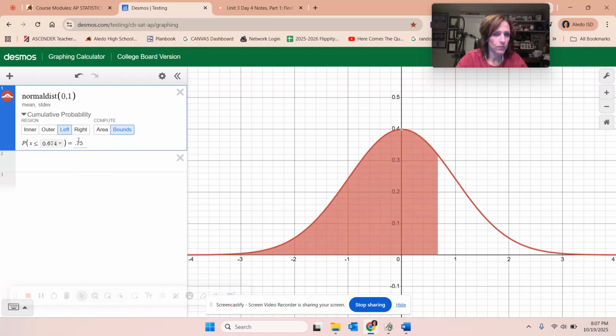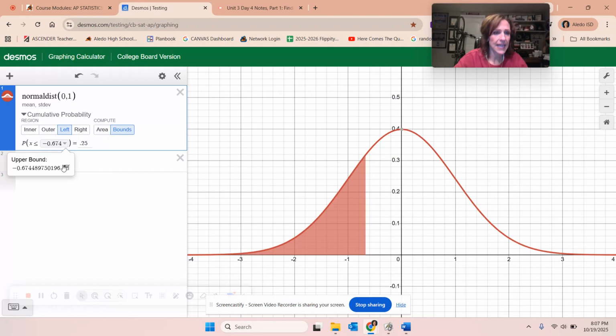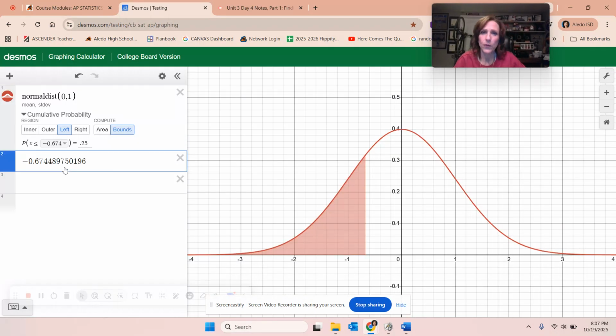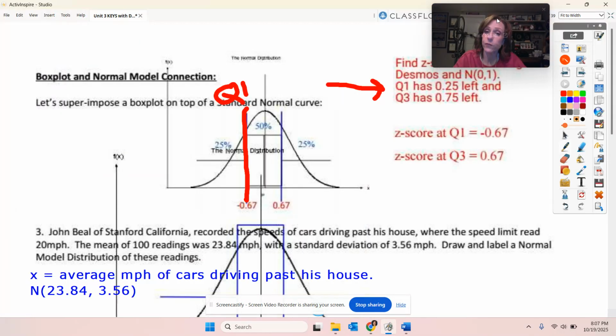Okay, so we're going to go normal, standard normal model, 25% left. And voila, there we have our Q1's z-score. It is located 0.67 standard deviations below the mean. Whatever the context is, that's not a completely full standard deviation, but 0.67 standard deviations below the mean.